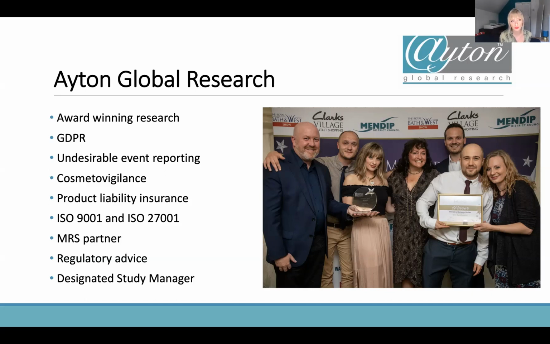We are fully compliant with GDPR. Of course, we have to be; we're a European company. But this is really important in terms of how we care about our volunteers' data and how we care about the information that you've given us as well. We've got ISO 27001, with a full audit every year. We've also got ISO 9001, which is to do with quality assurance, so it lets you know we're really thinking about the quality of what we're providing to you.